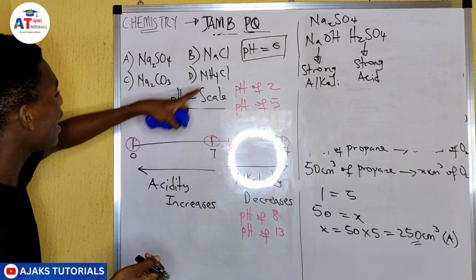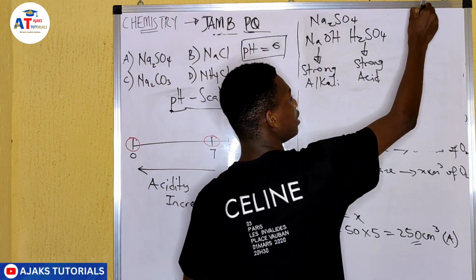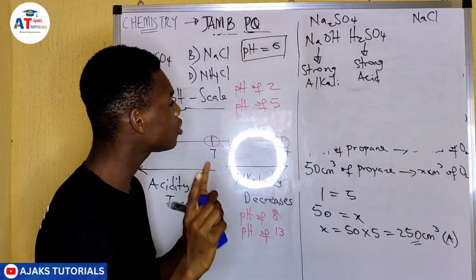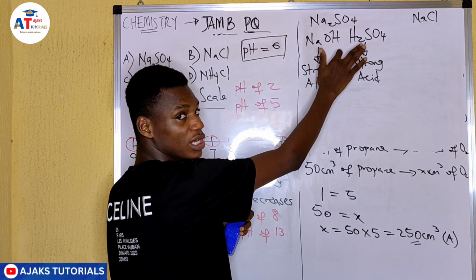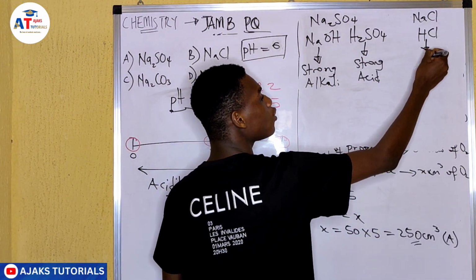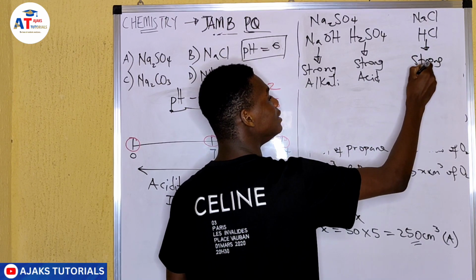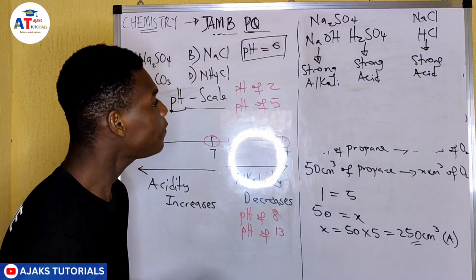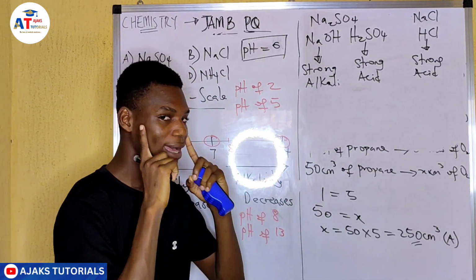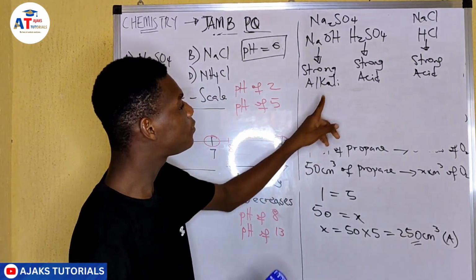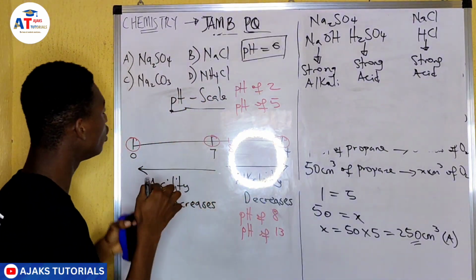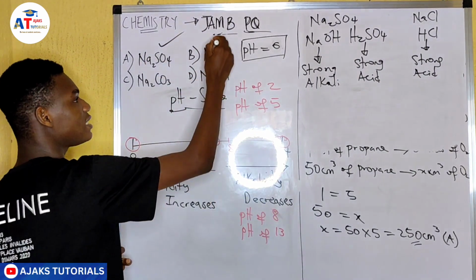Now, NaCl is a salt as a result of the neutralization reaction between NaOH and HCl. Now take note, HCl is also a strong acid. Now, if strong and strong meet, what will happen? Neutral. So this is a neutral salt.